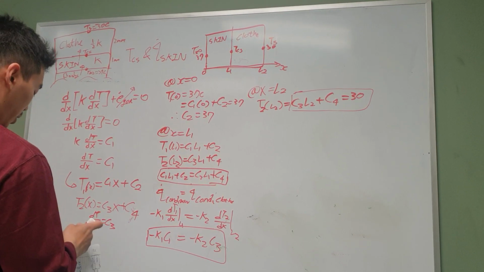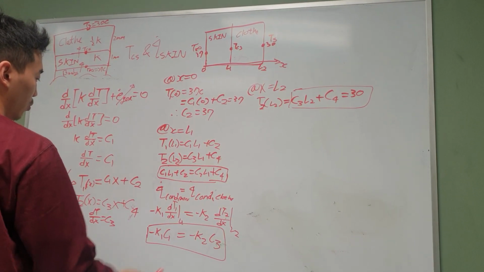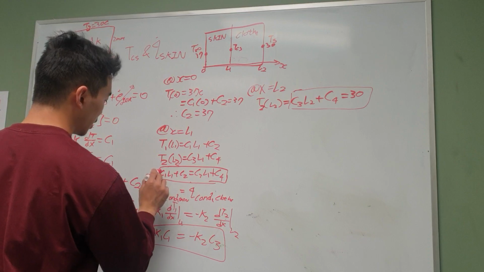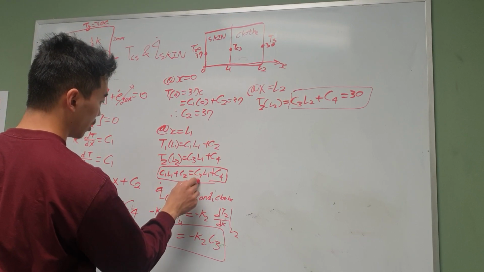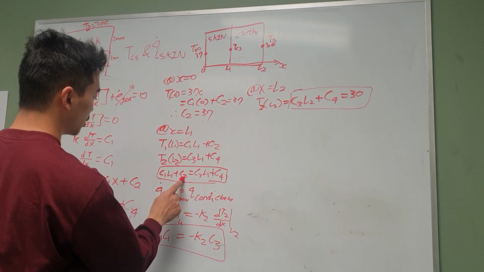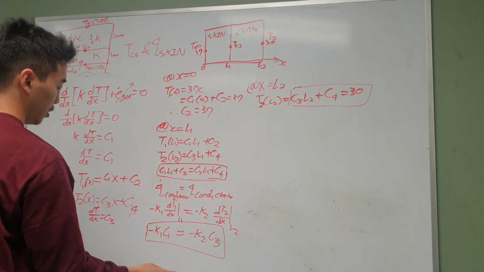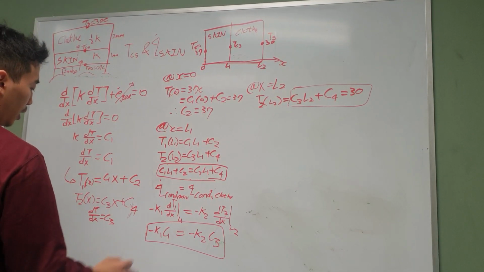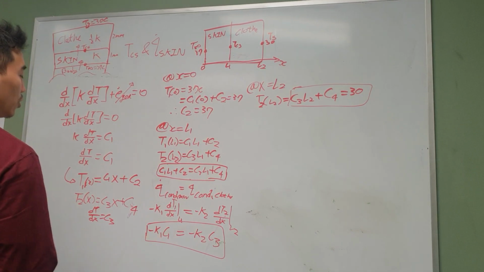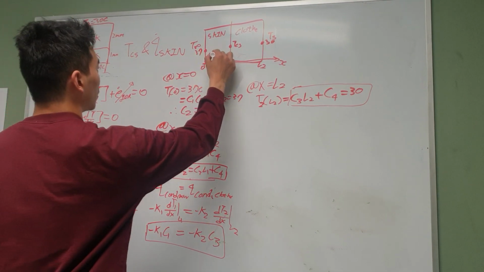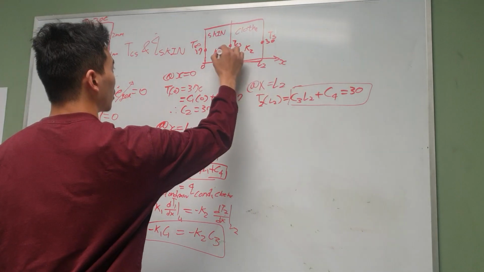Currently, there are three unknowns, which are C1, C3, and C4. We know C2, and L1 is given, which is 1 millimeter. And K1 and K2 are given.